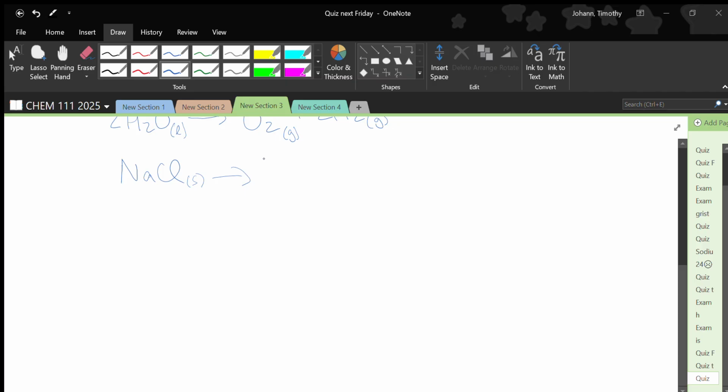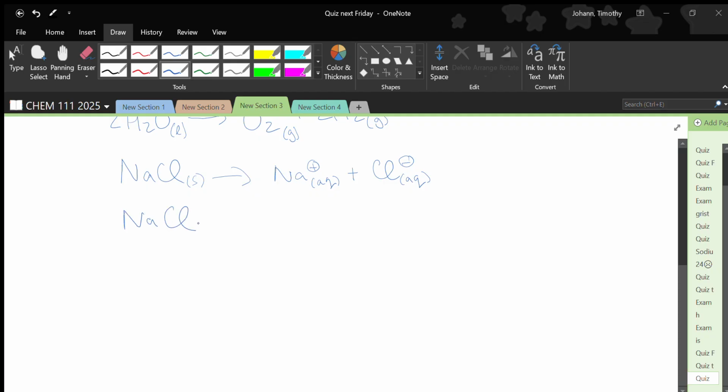It absorbs water, but let's talk about dissolving it in a glass of water. It is going to break up into sodium ions and chloride ions. It would look like that. This is what we call an ionic equation, and I'll talk about that more at the end.